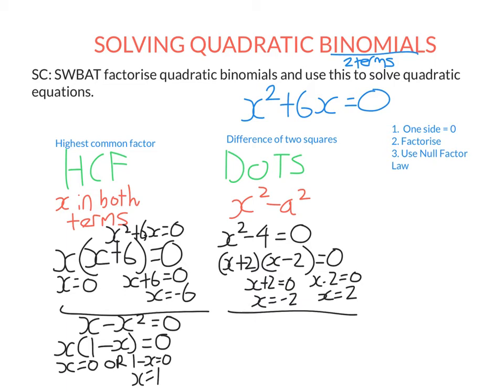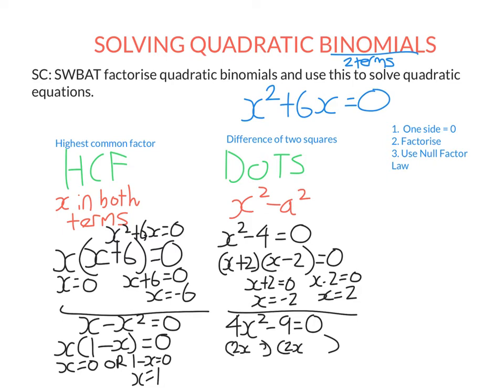So let's look at something like this. Now we've got 4x squared minus 9 equals 0. This is difference of two squares because 4x squared is a perfect square and 9 is a perfect square. Perfect square minus a perfect square. So we're going to do the same thing we've just been doing. We're going to factorize it. We square root the first thing and put it in both brackets.